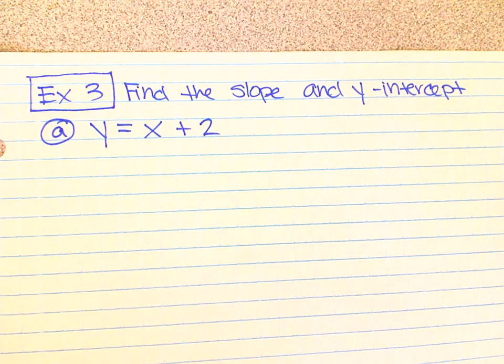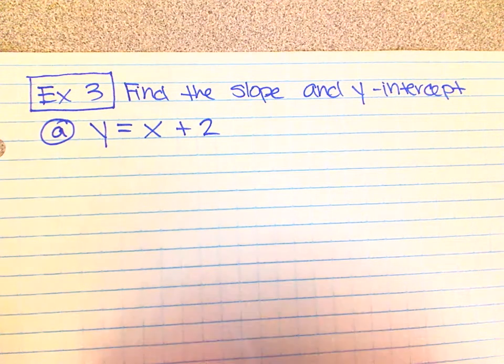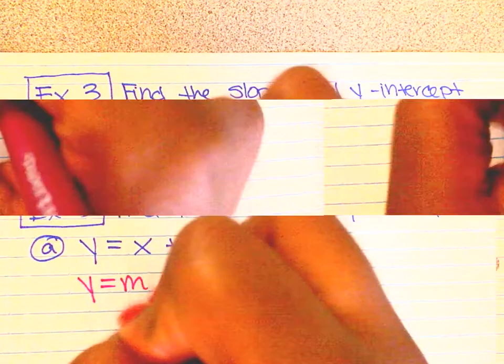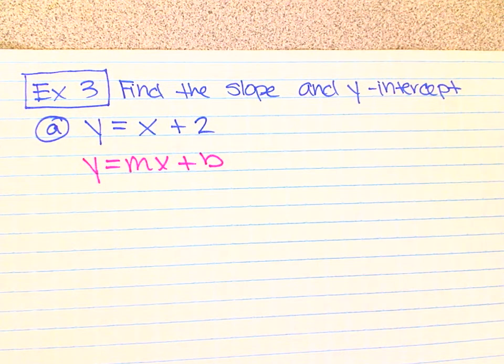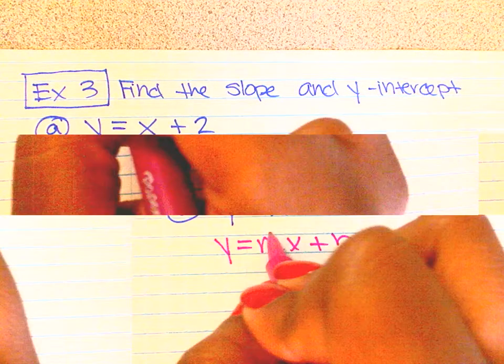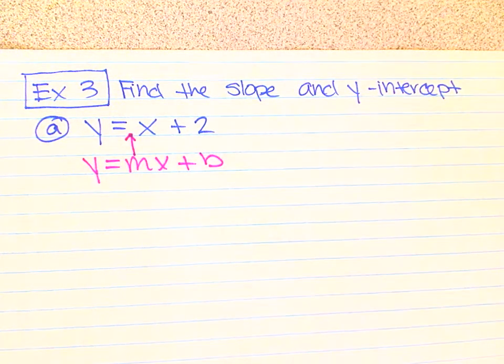So I'm going to say, okay, Miss Graham told me y equals mx plus b. I can match that. If this is the slope, this must be the y-intercept.